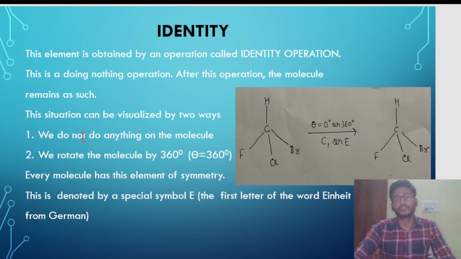This situation can be visualized in two ways. First, we do not do anything to the molecule, or we rotate the molecule by 360 degrees. Every molecule has this type of symmetry element or symmetry operation. This is denoted by the symbol E.